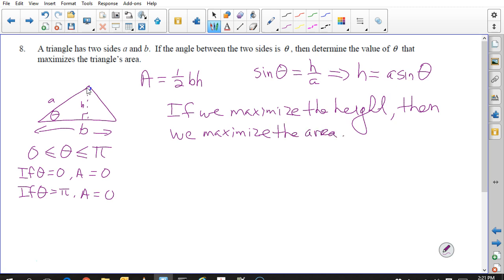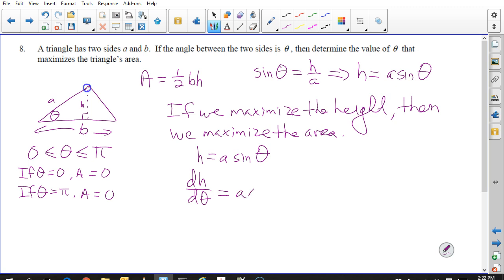All right, and we have an expression for height: H equals A sine theta. We are going to take the derivative of both sides with respect to theta. So dH by d theta is equal to what?